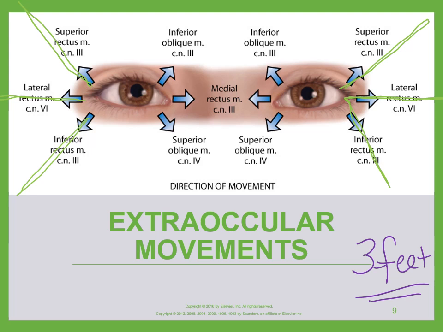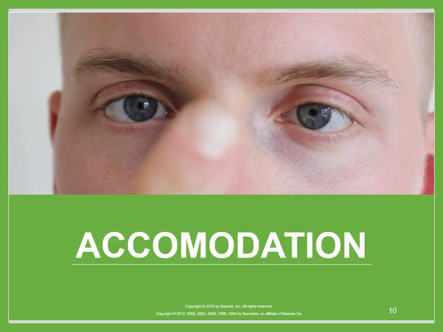And then you're going to bring the pen light in, or your finger, whatever you're using to test this. As you get closer, you notice that the pupils converge and that they constrict, and that's called accommodation. So accommodation leads to constriction of the pupils in an effort to focus on an object that's up close.